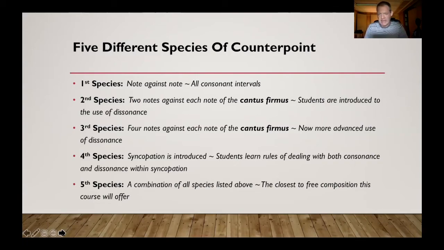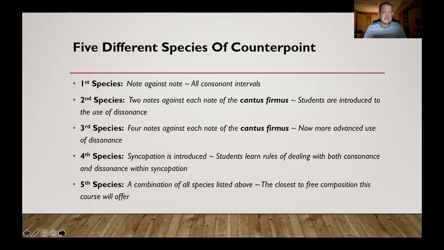And this is ancient music that we're writing. We're writing in a style and a technique that was used during the Renaissance. So it's kind of cool that we're able to add some swing to Renaissance music. Here you'll learn a more advanced use of dissonance within syncopation, because you're going to have dissonance on downbeats resolving on offbeats.